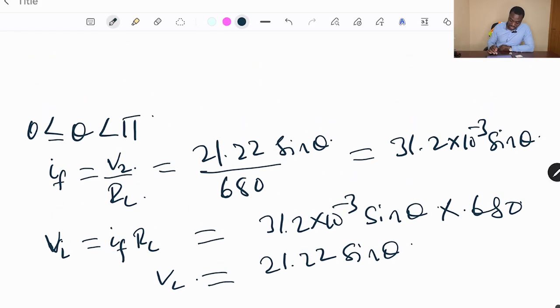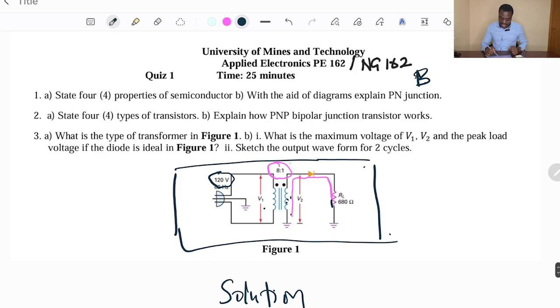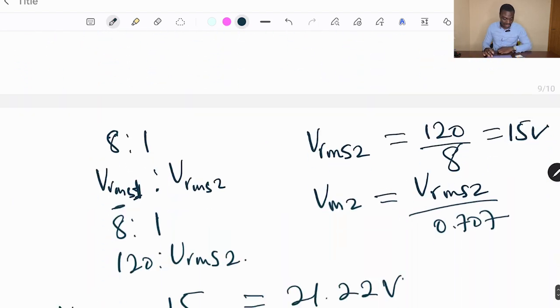So the peak load voltage Vm is going to be 21.22 volts. You can even analyze it this way: here it's only one resistor, meaning the voltage supply is the same as the voltage across the load resistor. That's where we end up getting this.